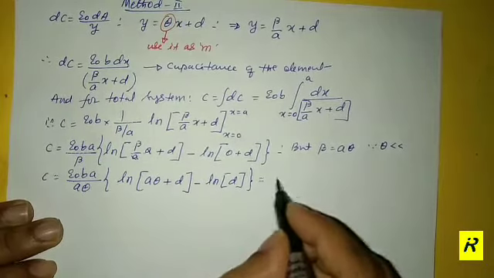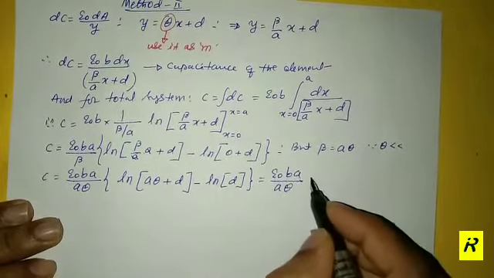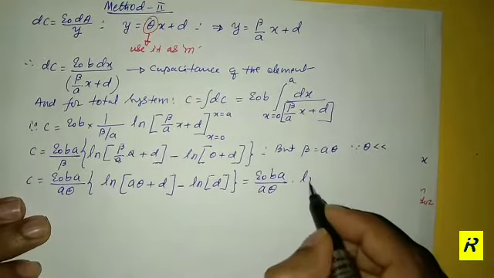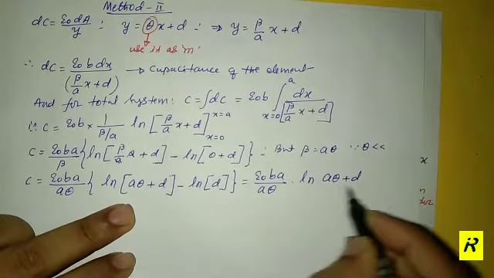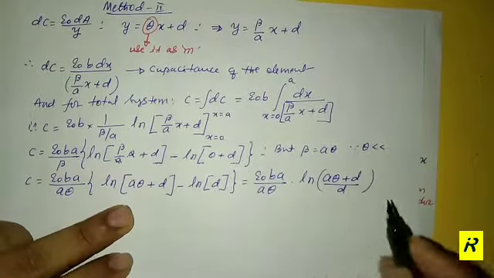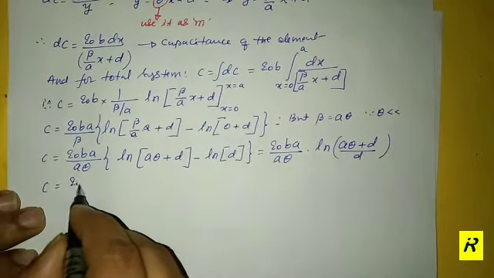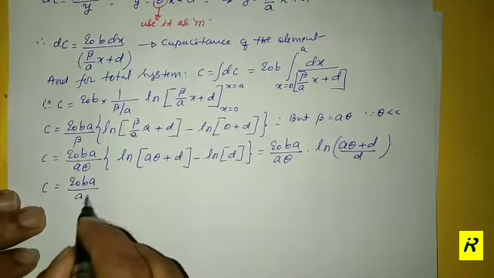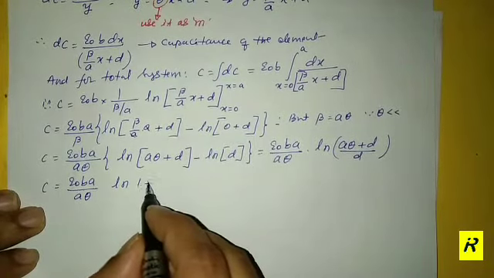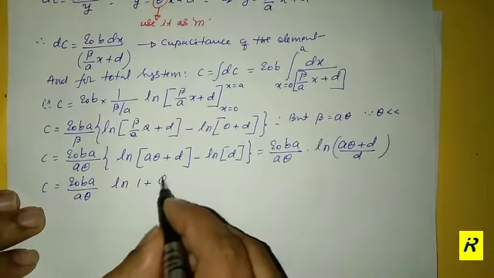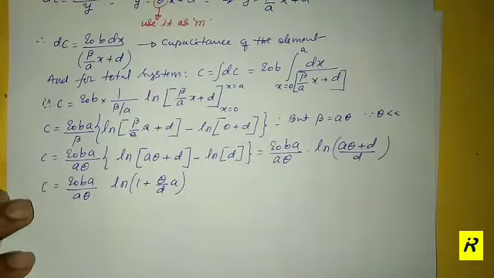Okay, this is equal to epsilon o b a divided by a theta, and here what I can write is natural log of a theta plus d divided by d. And when I split the denominator for both the numerators, epsilon o b a divided by a theta, and it becomes a natural log of 1 plus, right, a theta divided by d into a. So this is what I got.